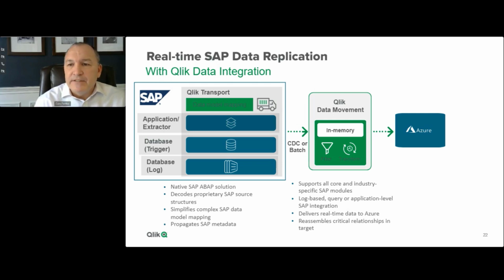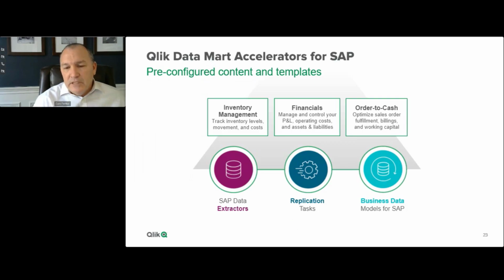And then the next piece of this is once I've moved to a system like Azure Synapse, how do I create analytics-ready data structures? We have both technology to enable that, but we also have what we call the Data Mart accelerators, and we've built them specifically for SAP. This blends together the extractors, the replication tasks, and predefined models to rapidly get at not only the data, but creating those analytics-ready data marts and making them domain-specific.